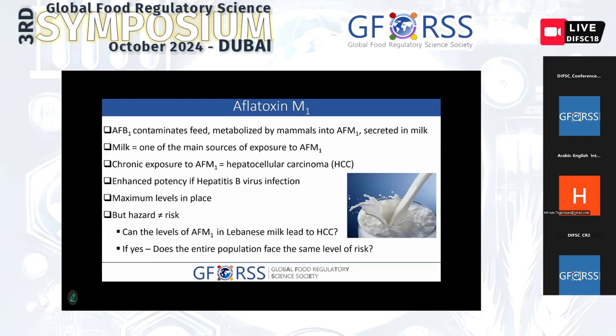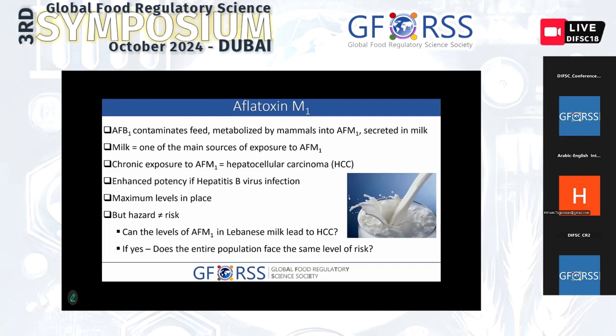In Lebanon, the maximum limit in milk for AFM1 is based on the European limit, which is 0.05 microgram per liter of milk. In addition to the establishment of maximum limits, continuous monitoring of contamination levels is also important to control these food safety hazards.